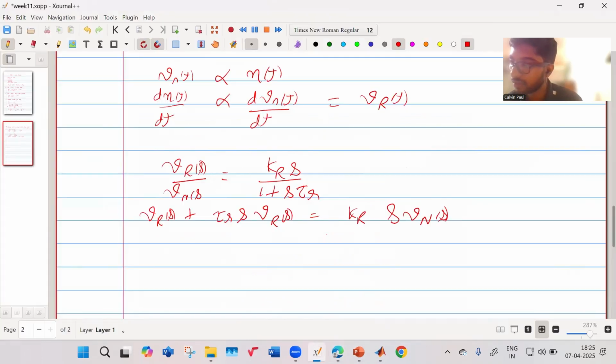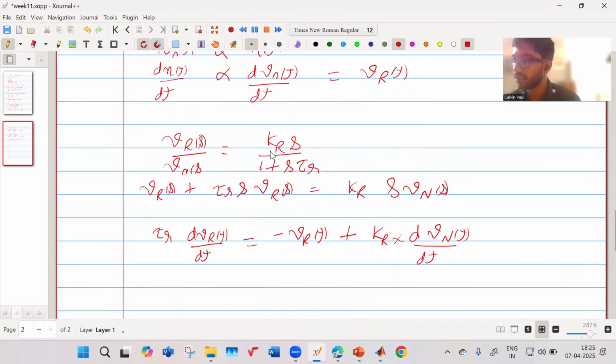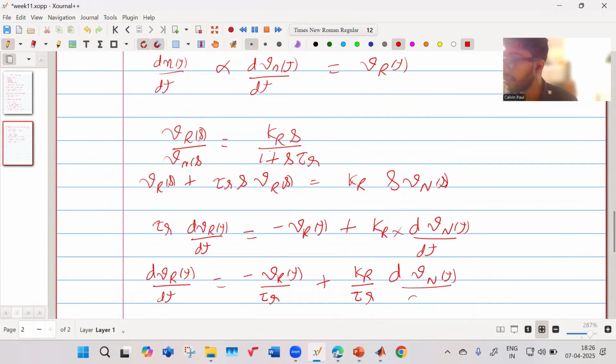We have tau r into dVr of t upon dt is equal to minus Vr of t plus Kr into dVn of t upon dt. So we have dVr of t upon dt is equal to minus Vr of t upon tau r plus Kr upon tau r into dVn of t upon dt.